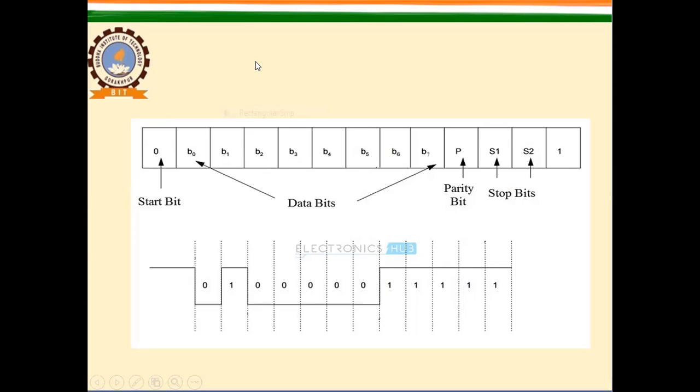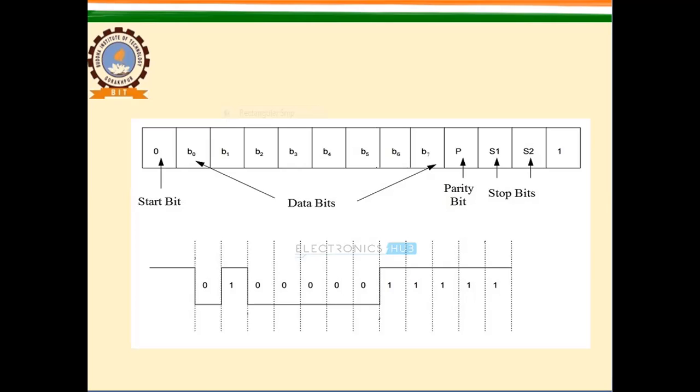After the data bits, that is after B7, a parity bit is introduced. And after the parity bit, 2 stop bits are used, S1 and S2, so that the data transmission process is now complete.